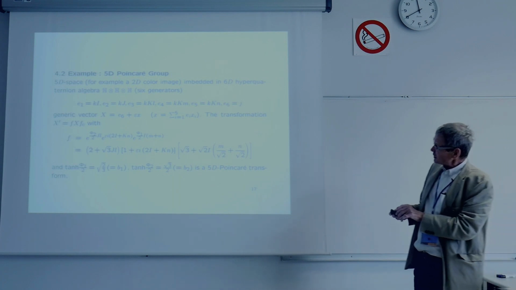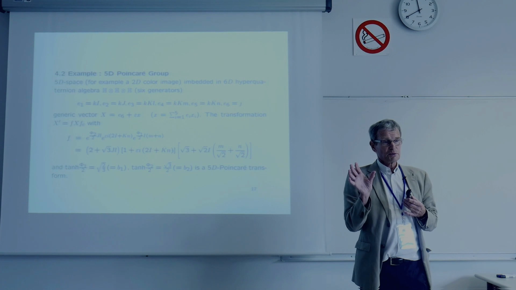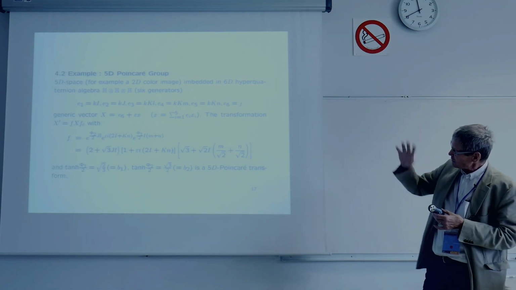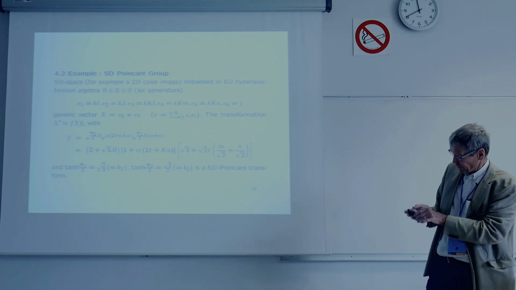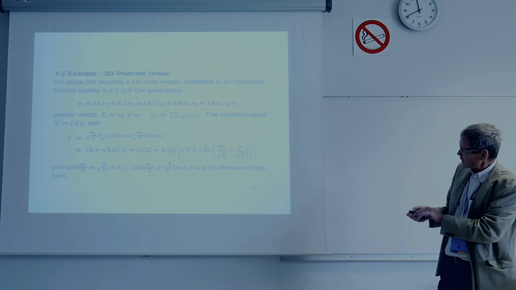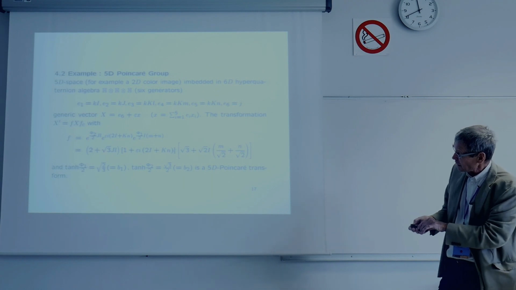Example, a 5D Poincaré group. For example, you have a 2D color image: three color dimensions and two spatial dimensions. We have a 5D space embedded in a 6D algebra. So we take our generators here, and we start, for example, with a certain f.